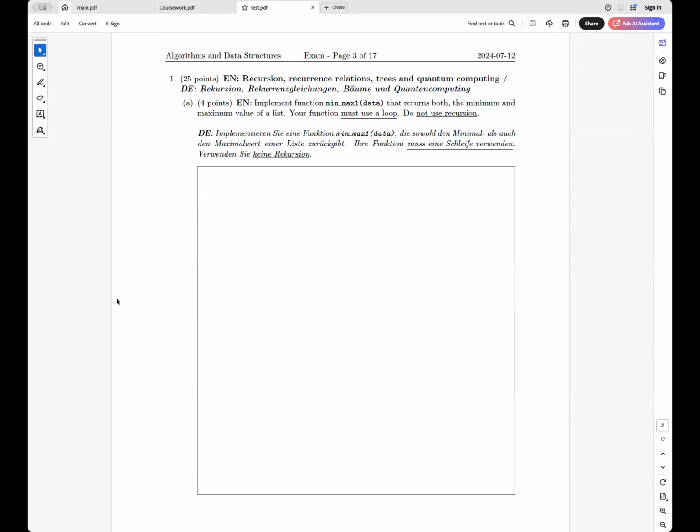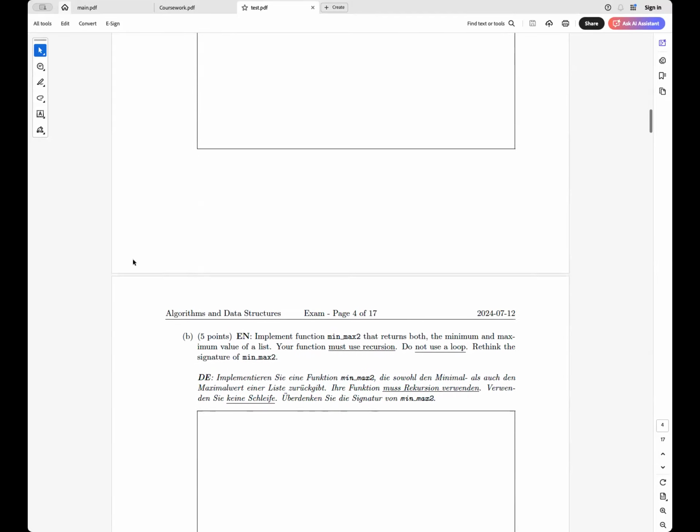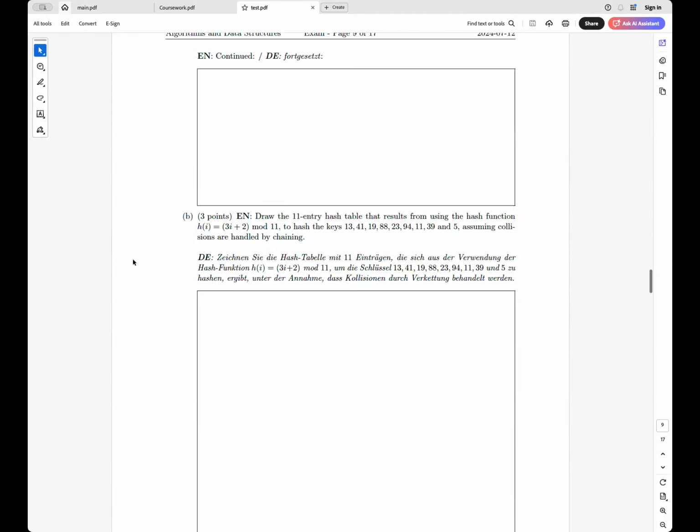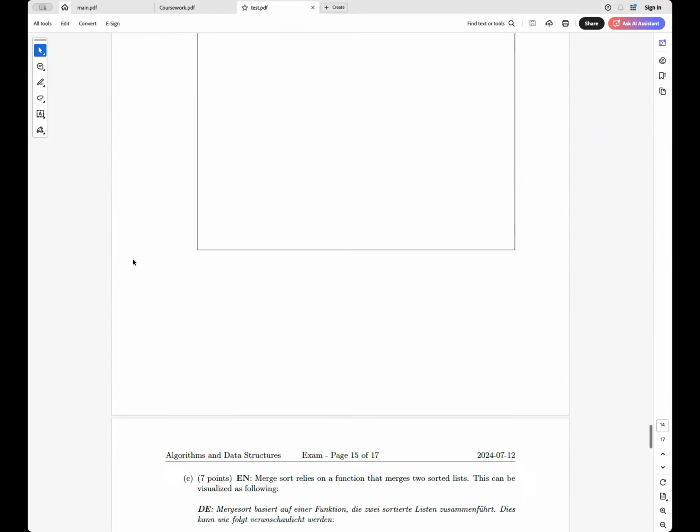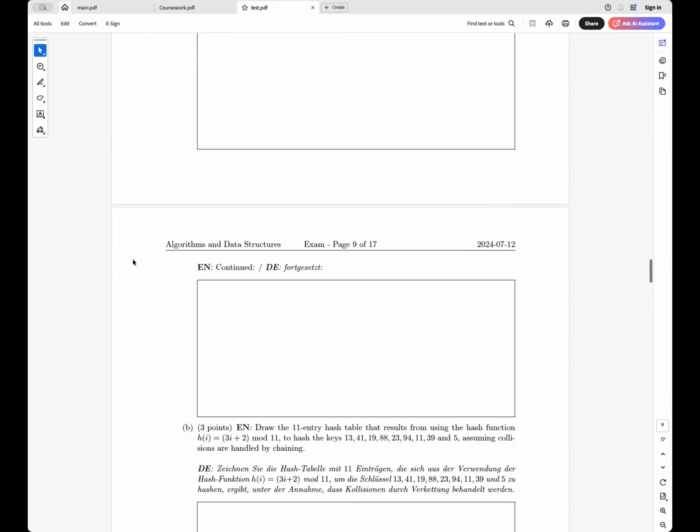We'll discuss it with the other students. I'll provide you my input. If you really struggle to solve one of these problems, I can obviously assist you, but I will not provide all of my solutions up front because I want to engage in a discussion with you. So please familiarize yourself with last year's exam.